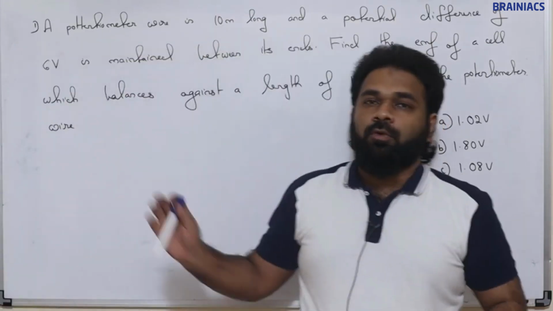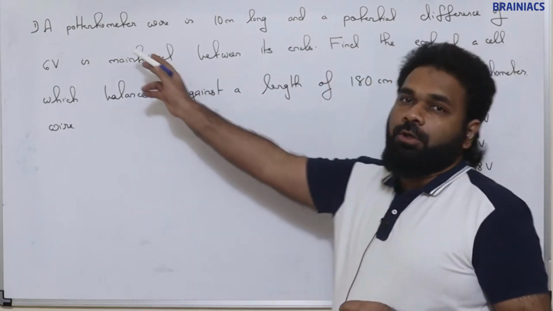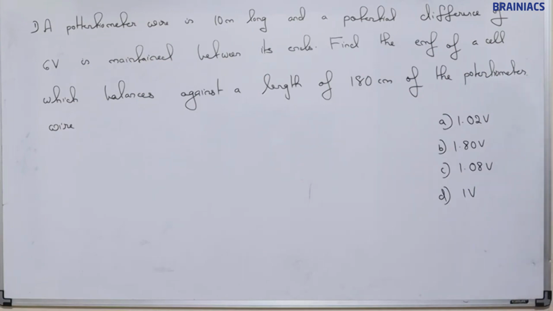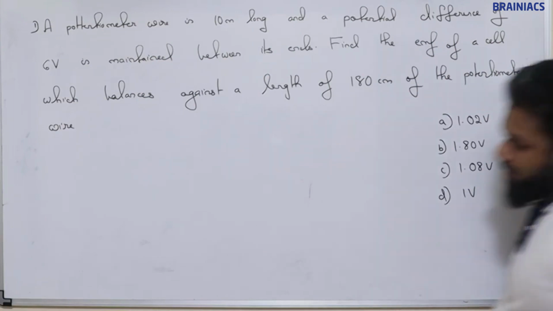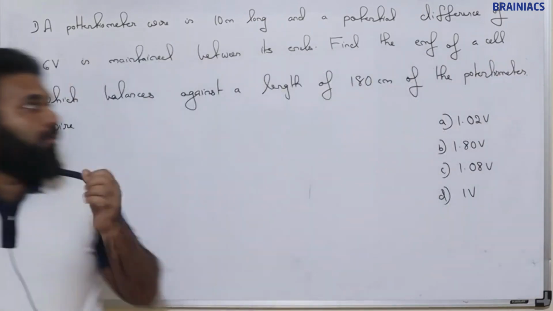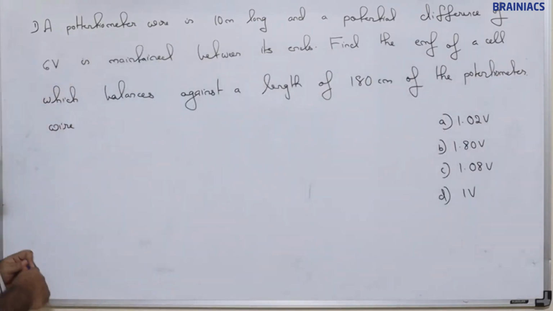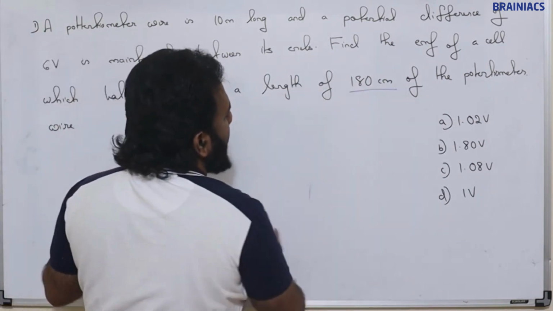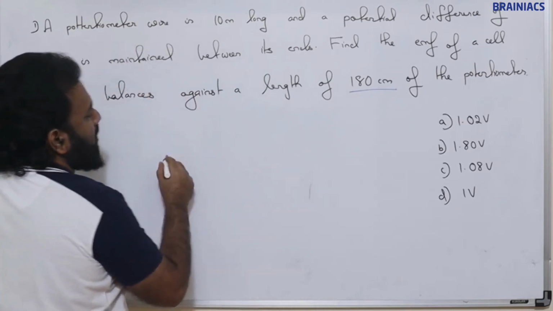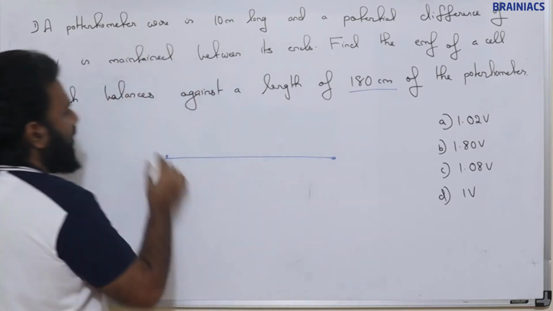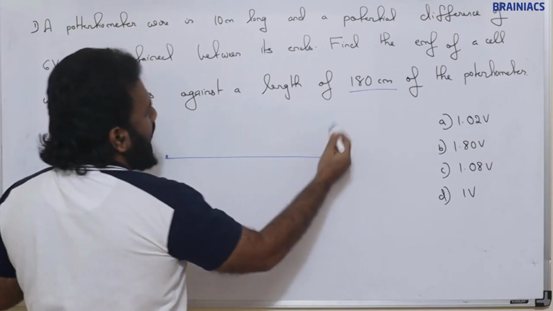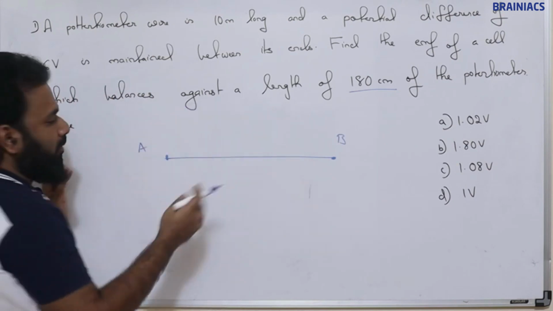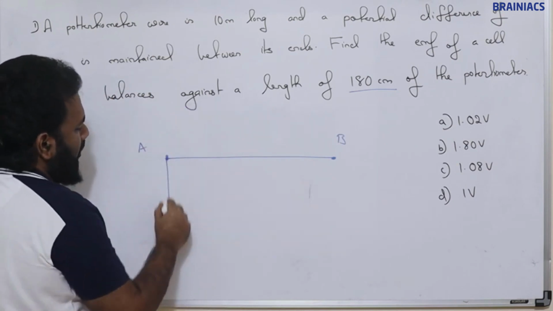So now we will do some problems. A potentiometer wire is 10 meter long and a potential difference of 6 volt is maintained between its ends. Now find the EMF of a cell which balances against a length of 180 centimeter of the potentiometer wire. Suppose this is the potentiometer wire, we will name it AB, and the driving cell and others are all there, but we need not take them now.